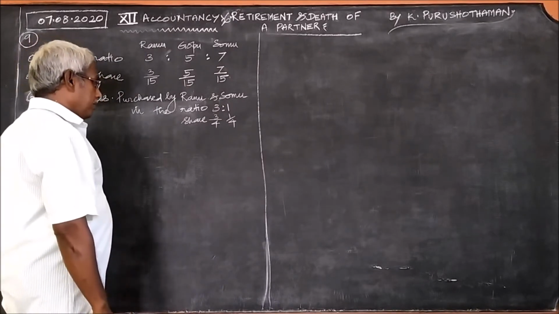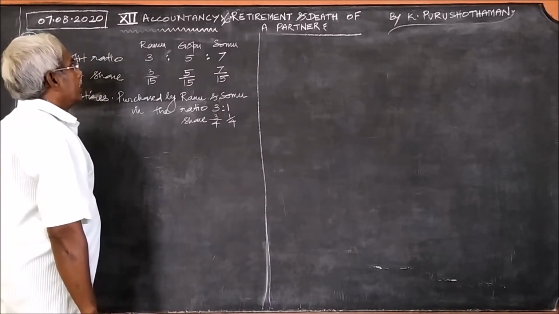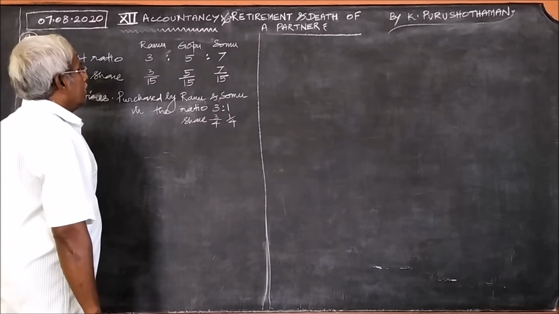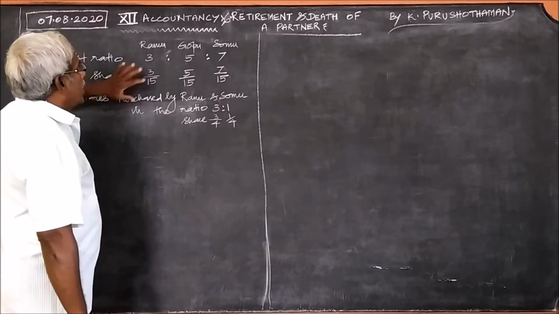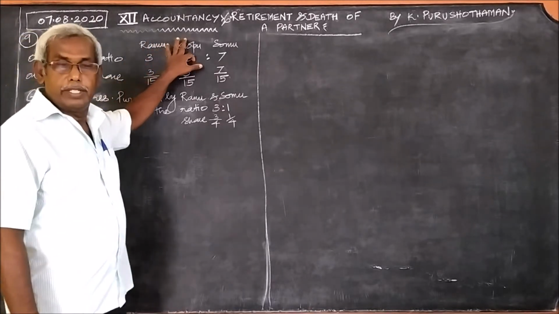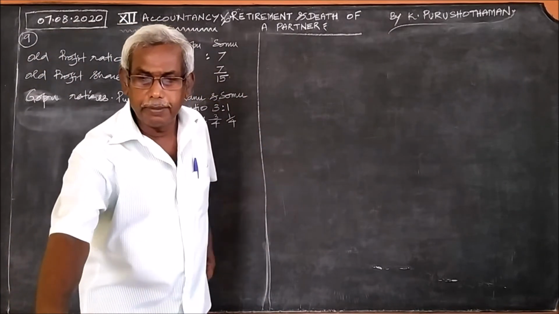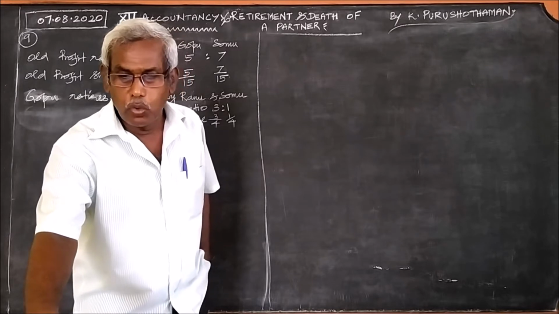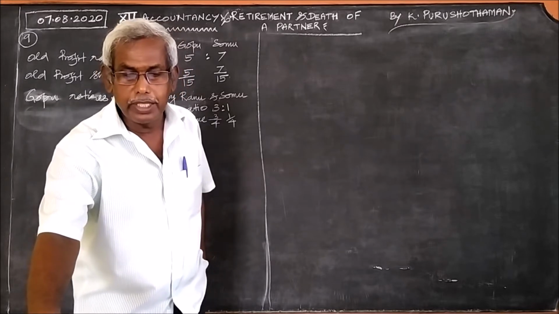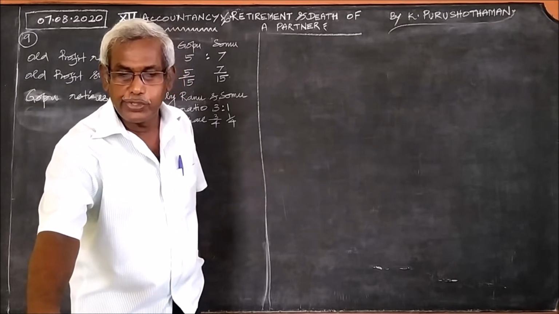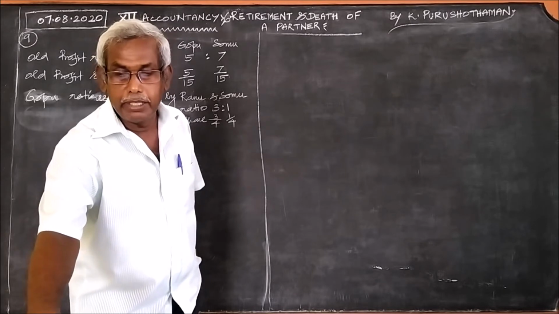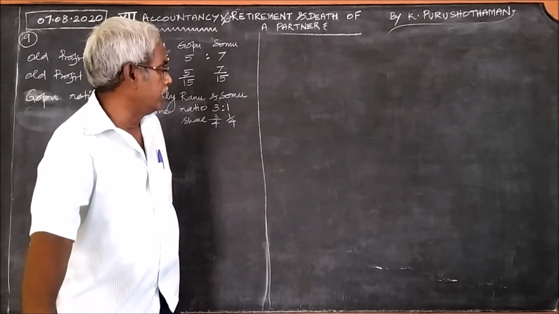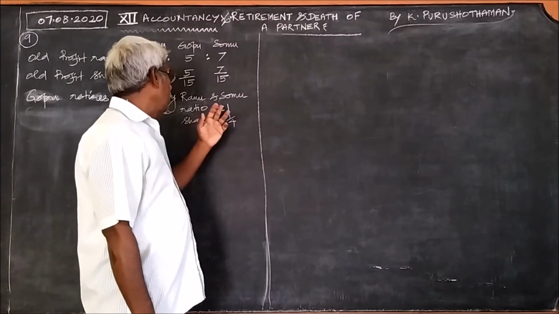And what does it mean? Once again I repeat, Gobu's share is 5/15. Gobu only is retiring. Gobu's retired partner's share is divided by Ramu and Somu in the ratio 3:1.